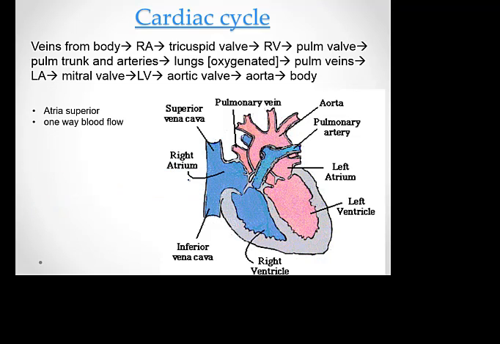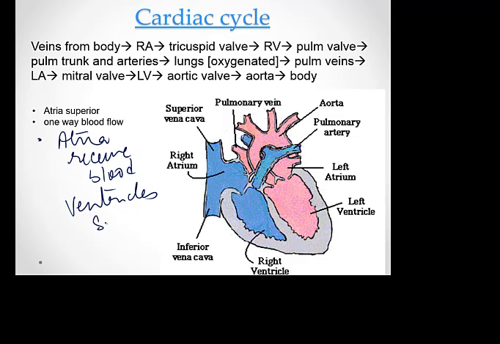Now let's look at this. Another thing you might want to write here is atria receive blood and ventricles send blood out of the heart.